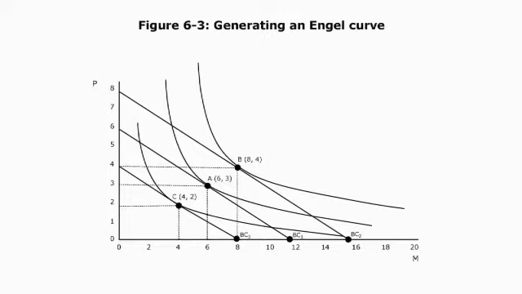Okay. So basically, now let's take a case. Once again, originally you're at point A, where you're choosing 6 movies and 3 pizzas. Now let's say your income rises. Your parents are feeling generous, and instead of giving you $96, they're going to give you $128.